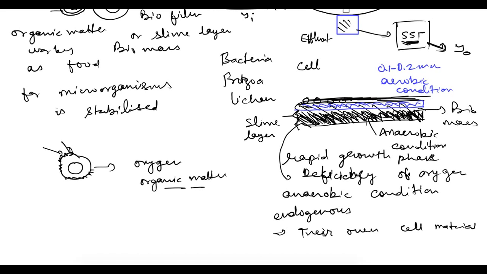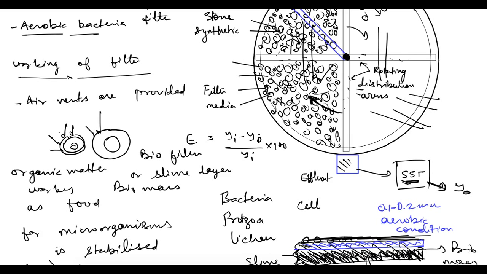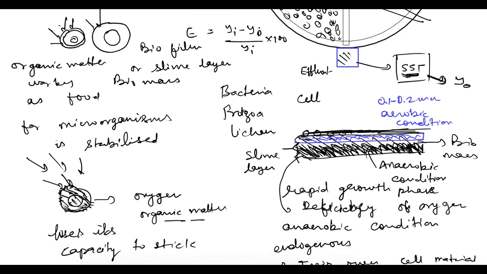This slime layer is attached to some particle, some stone or other filter material, so it loses its capacity to stick. It cannot stick anymore on the surface of this filter material. What will happen after this point, because sewage is constantly flowing through this trickling filter, this is a continuous process.